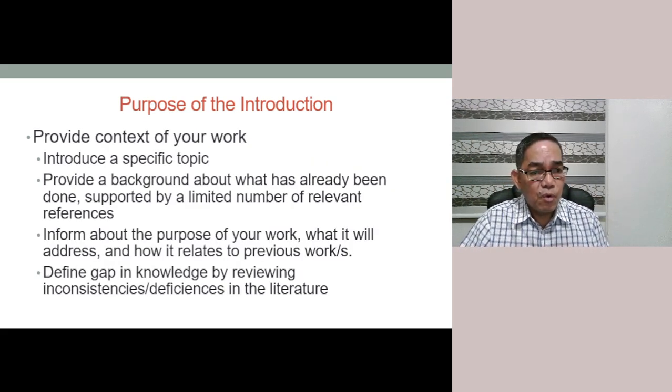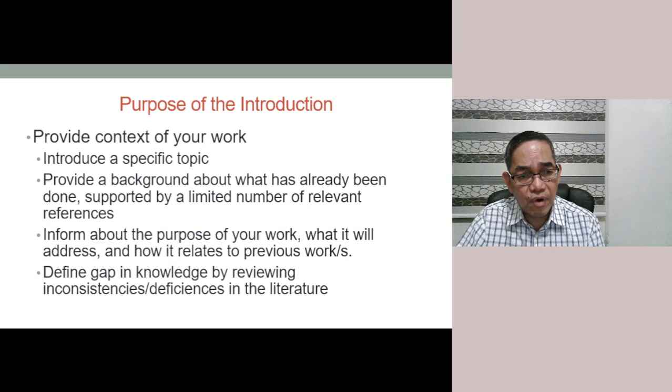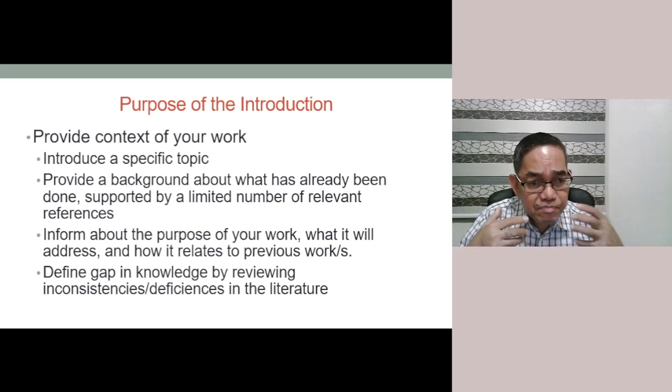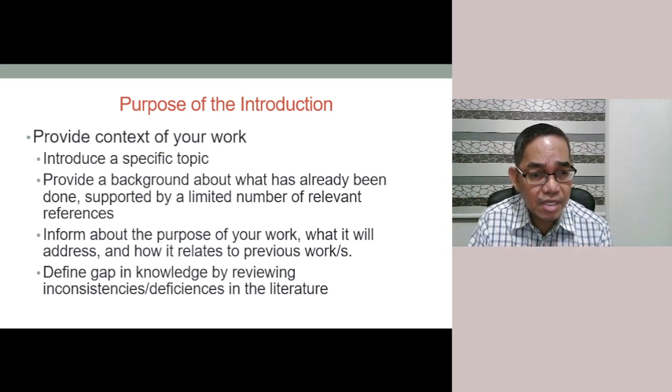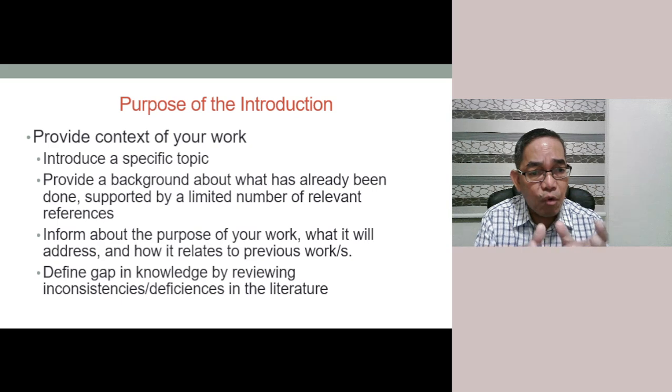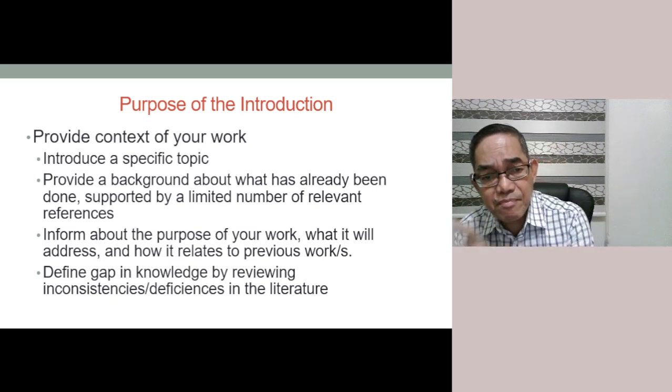So first we talk of providing the context of your work. It should introduce a specific topic. When you provide context of your work, you need to introduce a specific topic, and that topic comes from a problem.